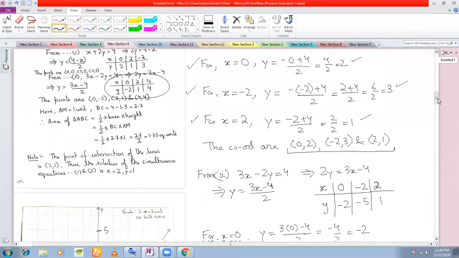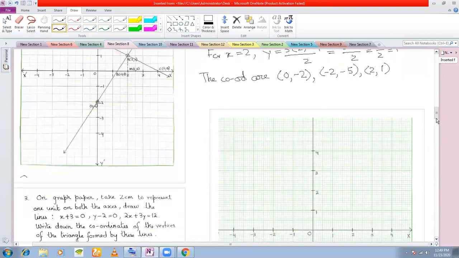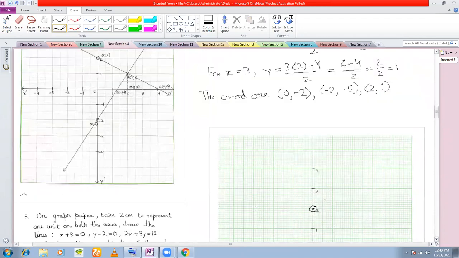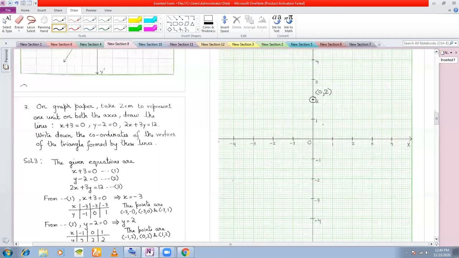For the first equation, the points are 0, 2. So which one will be the point 0, 2? 0 and 2. This is 1 point. You label the point as 0, 2 here. The next point is -2, 3. -2, 3 will be -2 and +3. So -2, 3 will be a point here. Let's call this -2, 3.